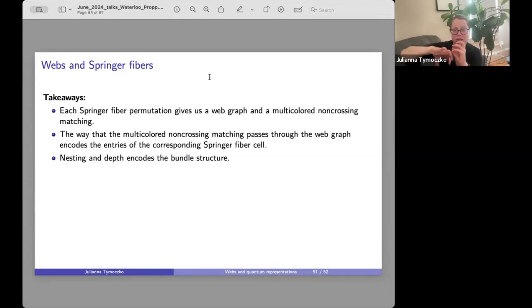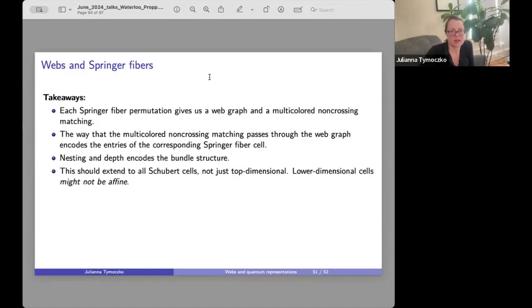And these same questions that arise in the quantum representation world about nesting and depth are, in the Springer fiber geometry world, encoding elements of, calling it a bundle structure, but when you're picking up dependence in one entry of the matrix on earlier variables in the cell.